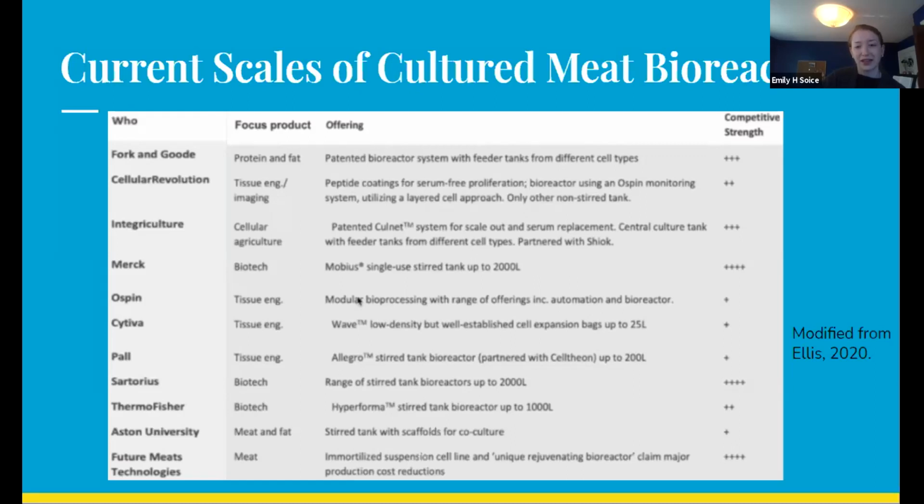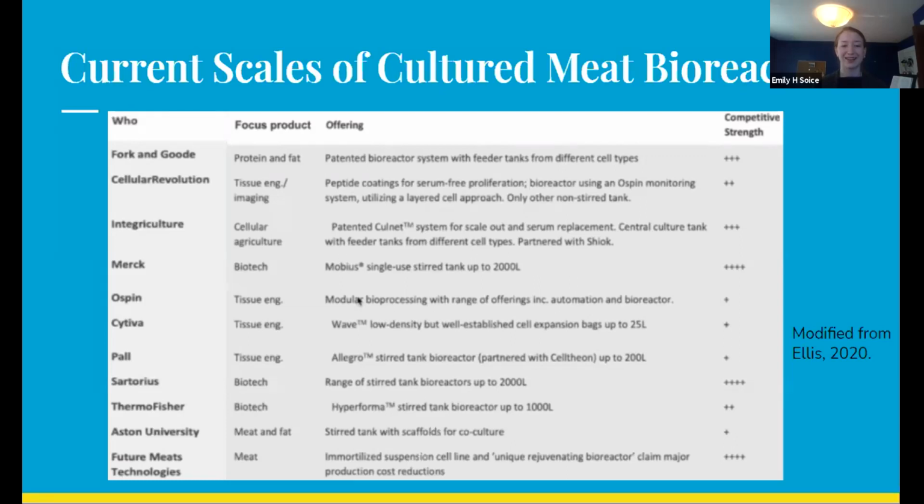Ellis's group is called Sire Agriculture Limited, I believe. Fork and Good is looking at a cool system that we talked about earlier that uses different cell types instead of media, as well as Inter-Agriculture.